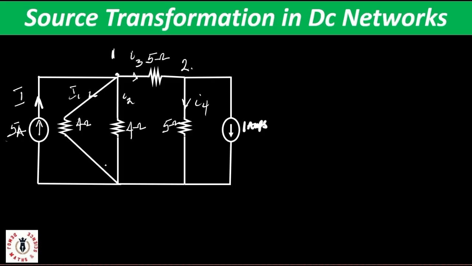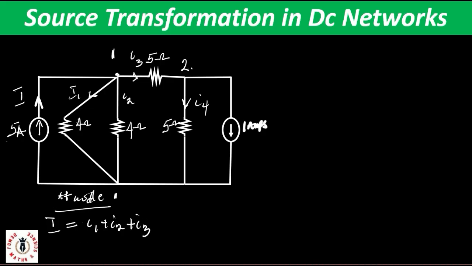We can now begin to solve this circuit. At node 1, I can say that the current entering node 1 is equal to the sum of the currents leaving node 1: I1 plus I2 plus I3.